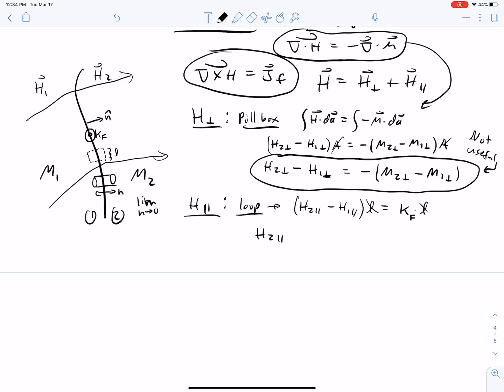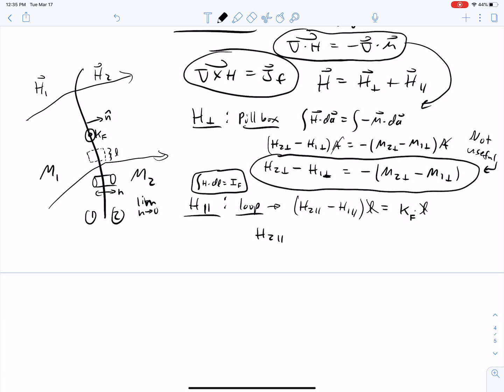Remember, this comes from the integral of H dot dl is always equal to the free current enclosed. There's no bound current, so we can ignore the bound current for this one. We don't have to worry about the magnetization.